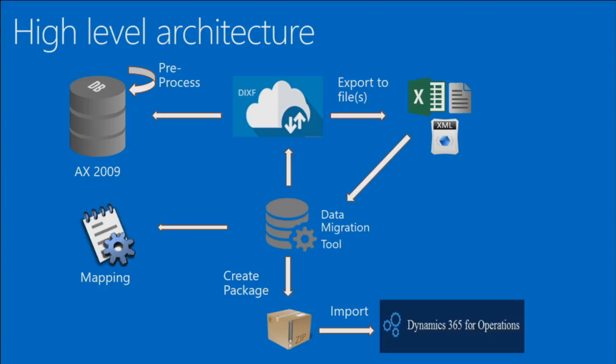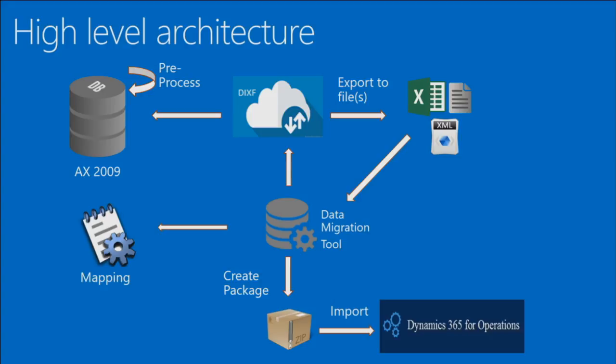Another component of the tool is a whole bunch of X++ code that does basic transformations. Remember we talked about the data schema between 2009 and D365? These scripts transform those data schemas into a flat format that's recognizable by the target entity. So there are two parts that we're going to deploy as part of our tool.